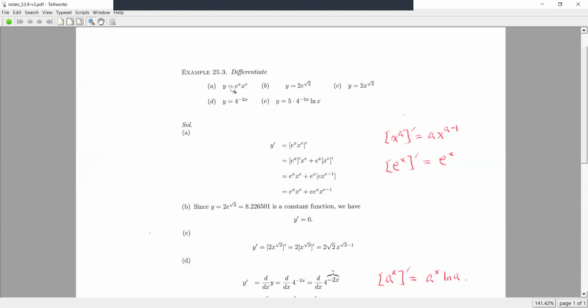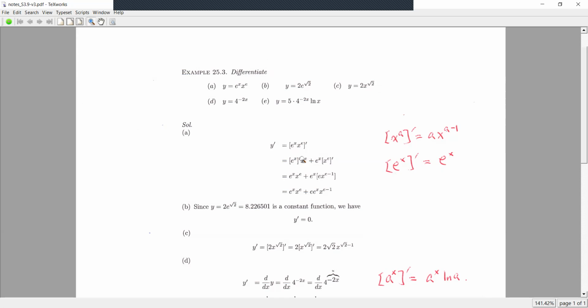Because the function is a product, I apply the product formula to compute the derivative. By the product formula, the derivative is equal to the derivative of the first function. The first function is e to the x times the second function. The second function is x to the e, plus the first function times the derivative of the second function.